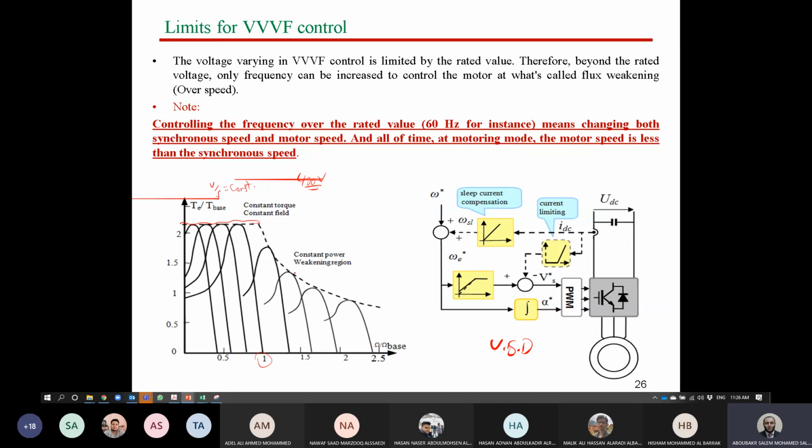So this is considered the weakening region, which means the overspeed region, at speeds higher than the rated speed of the machine. So this is the limit of the variable voltage, variable frequency control. The limit of this technique is the rated value of voltage, so we shouldn't go beyond the rated voltage of the machine.